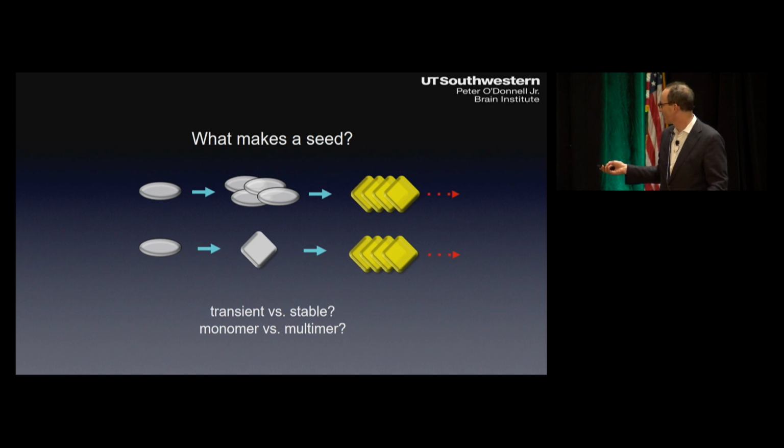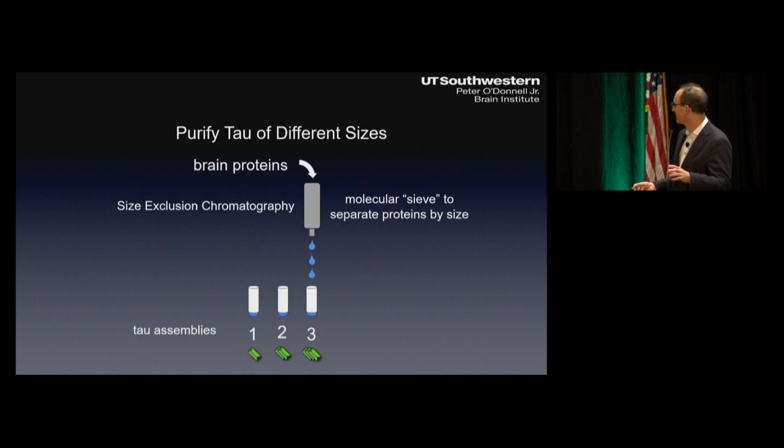But another possibility that we were interested in was, could a single protein actually change its shape and form the seed as a single unit, which would then self-assemble? And so we tested this by purifying tau from Alzheimer brain and from in vitro sources. And again, I'm summarizing a lot of work here.